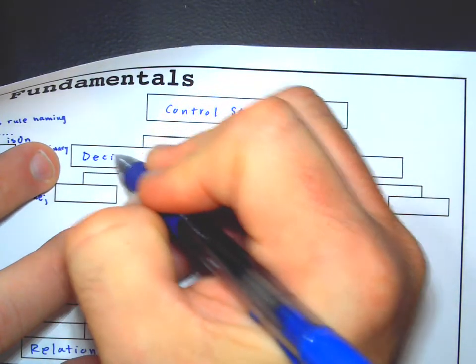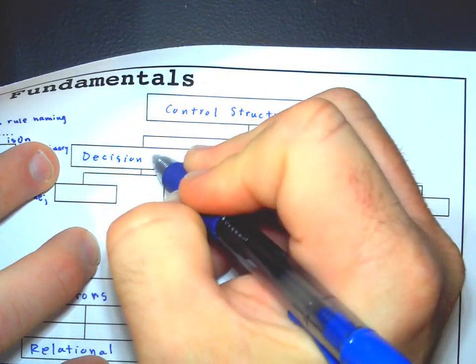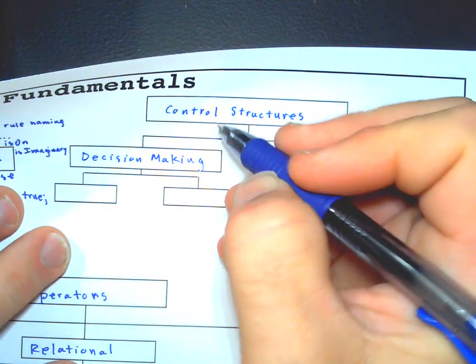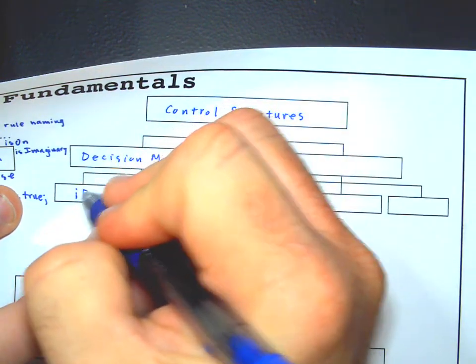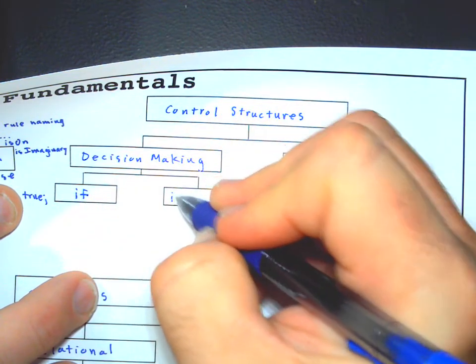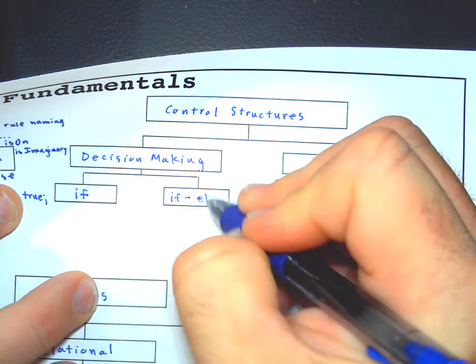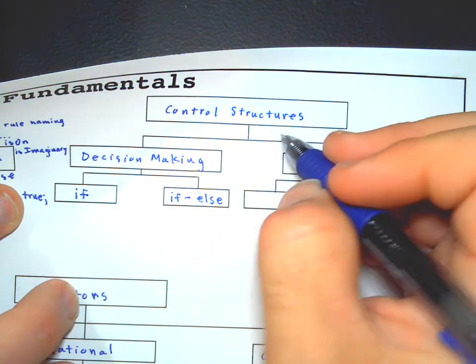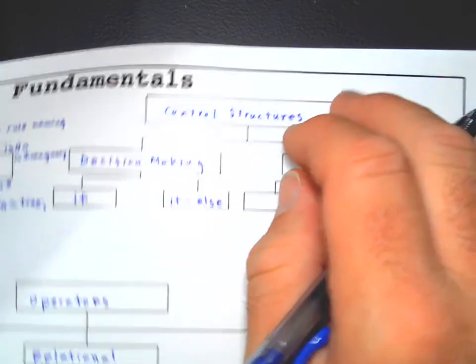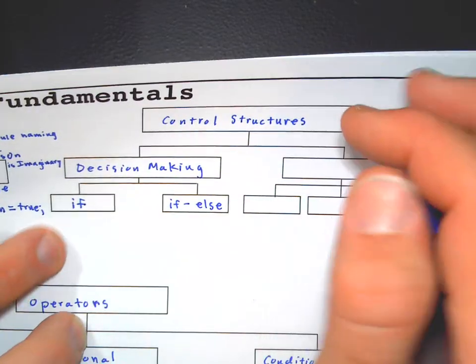There's decision making, and we've been using these a lot. So that could be an if or an if else, right? And this goes back to just kind of logic. You have if then statements in math, and that's what this is like.